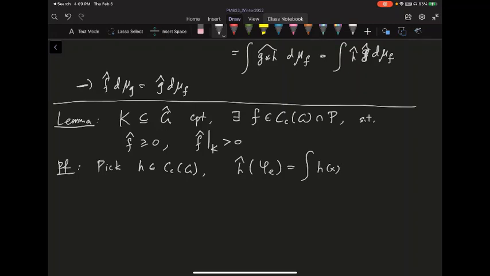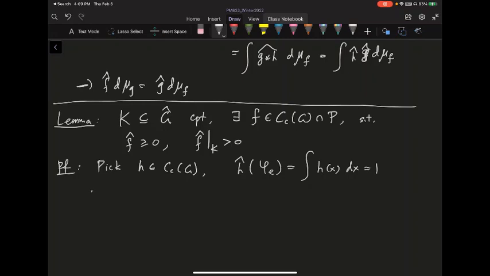So that's just the integral of h of x dx. Let's just assume that's going to equal 1. So ĥ is equal to 1 around 0, so it's going to be strictly greater than some positive number around this identity character.